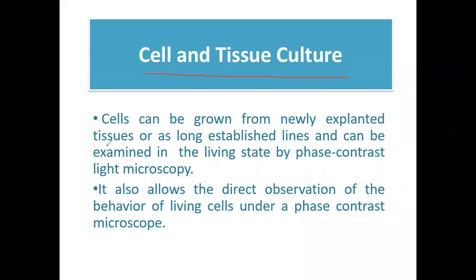So cells can be grown from a newly explanted tissue or as long established lines and can be examined in the living state by phase contrast light microscope. Guys, a very good example nito, may yung mga skin graft na narinig nyo na. Like for example, di ba pag nasunog yung muka or yung leeg ng isang pasyente natin, tapos gusto niyang mag-undergo ng plastic surgery? They can do skin grafting, di ba?